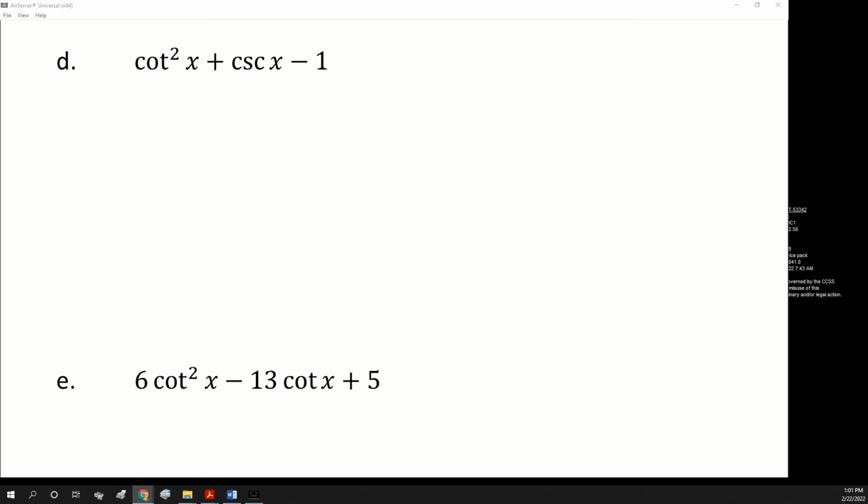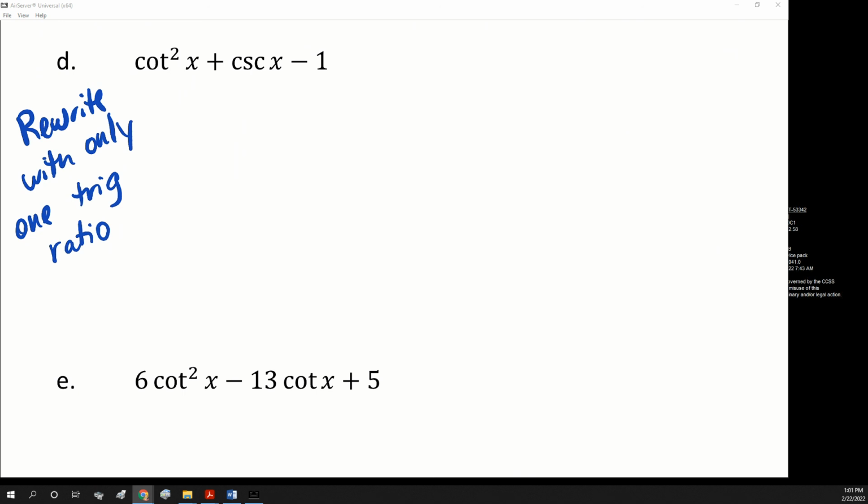So we're going to have to rewrite with only one trig ratio. So we have to decide if we're going to change cotangent to cosecant or cosecant to cotangent.